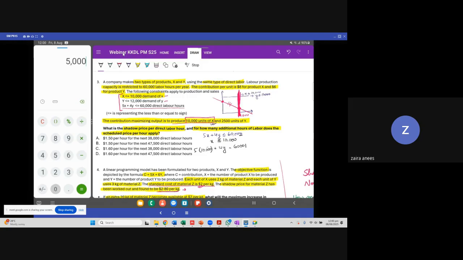So 60,001 minus 50,000, 4y is equal to 10,001 divided by 4. Sorry. 10,001 divided by 4 is 2,500.25.